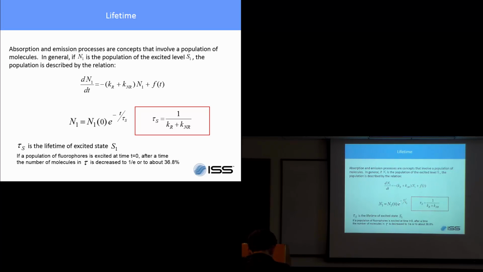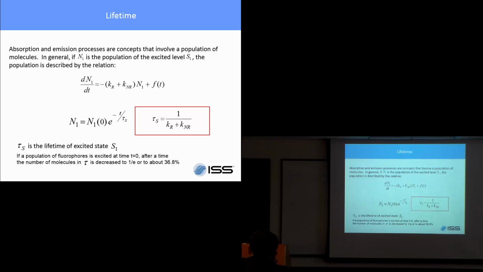After a time tau, the number of molecules in the excited state is the original number of molecules divided by e, which is about 37%. This is the meaning of decay time. It's very important to understand because people ask, what is the decay time of one molecule?